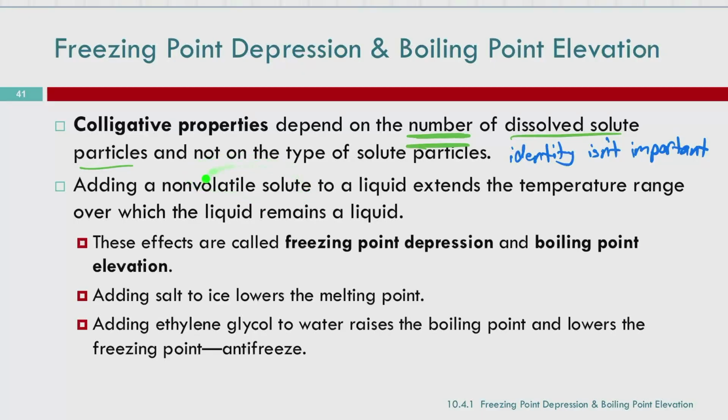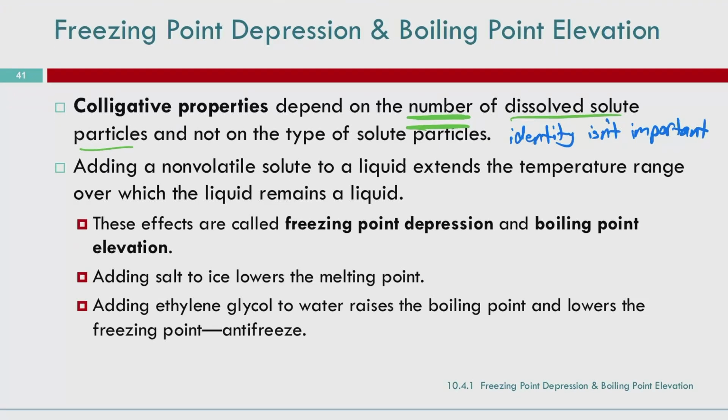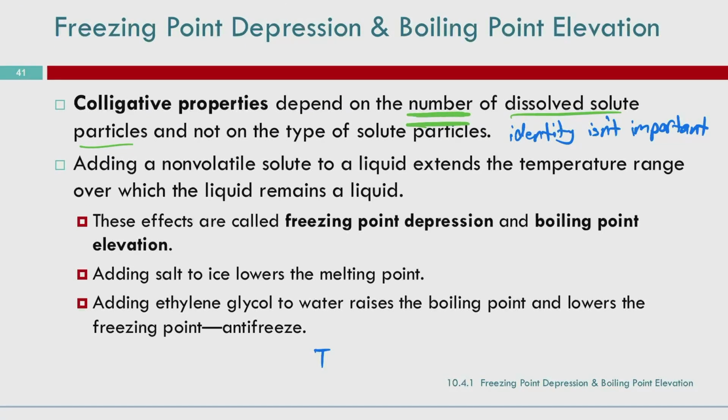If you add a non-volatile solute, like a salt, to a liquid, it extends the temperature range over which the liquid remains a liquid. If we're expanding our temperature range, I'm going to draw for the 5th time our phases of matter: our lowest temperature phase, solid, our middlest phase, liquid, our highest temperature phase, gas.